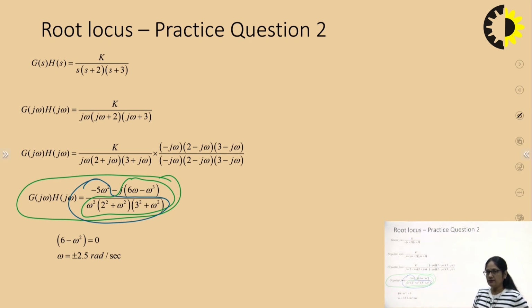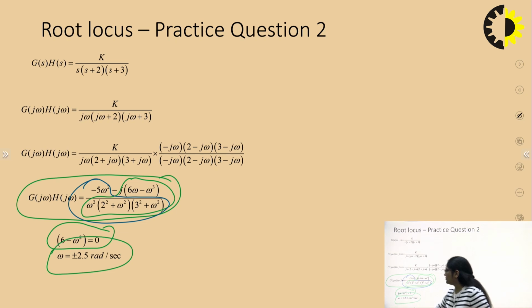To find where on the imaginary axis the root loci will intersect, we have to equate the imaginary part to 0. When we equate the imaginary part to 0, we find that 6 minus omega square is equal to 0. Therefore, omega is plus or minus 2.5 radians per second.